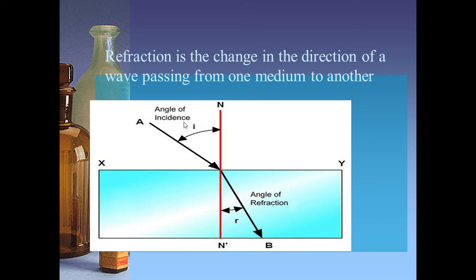So this property is known as refraction, and the angle which the incident ray makes is known as the angle of incidence, and it is denoted by I. And the angle that the refracted ray makes is known as the angle of refraction, and it is denoted by R, and this is the normal line.